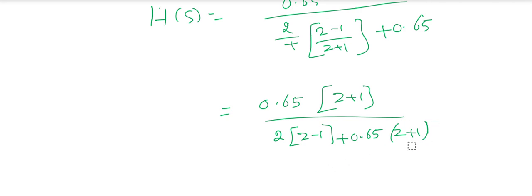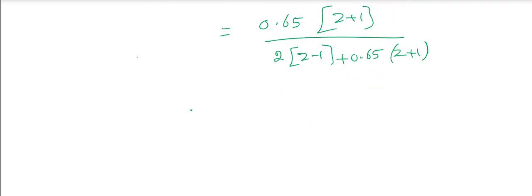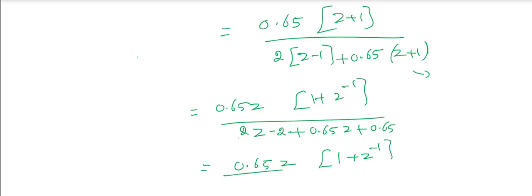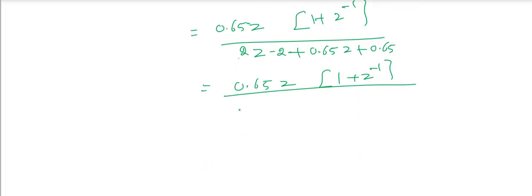After simplification, you can take z outside: 0.65 z into 1 plus z inverse, divided by 2z minus 2 plus 0.65z plus 0.65. Here it is 2.65z minus 1.35.